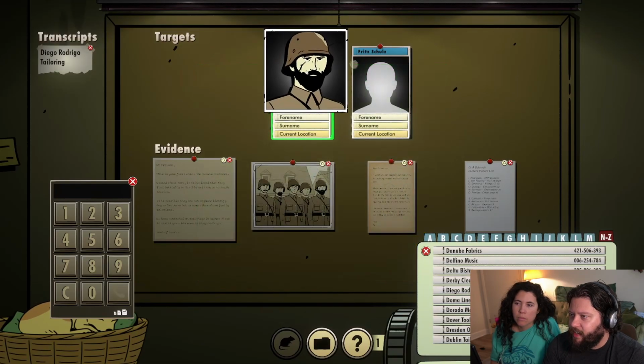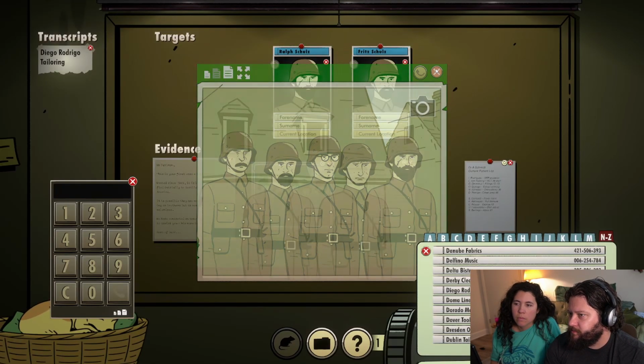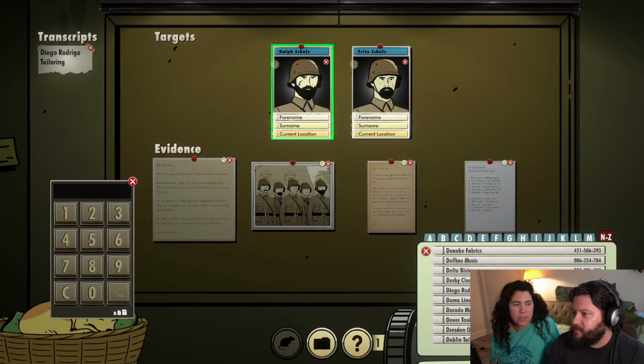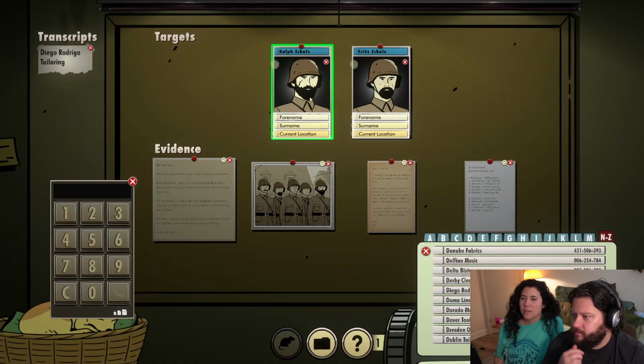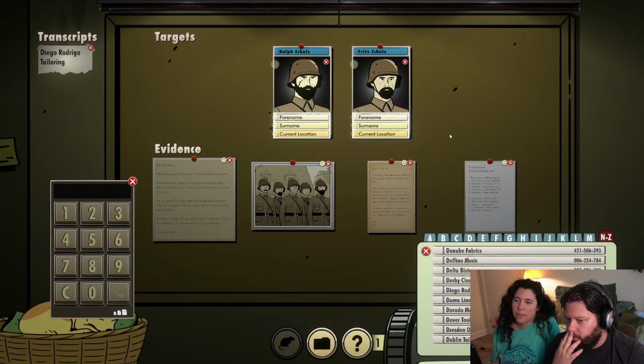Okay, so Ralph has the face scar. We were right that they had beards, and Ralph has the face scar. Because he has some kind of infection. Well, he had a scar that got a cut that got infected. And they definitely are the only two with beards. Yeah. Okay.